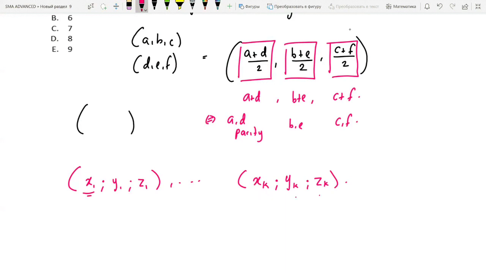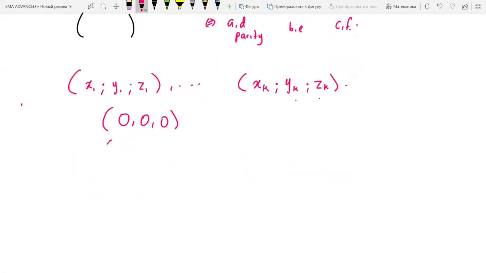So first of all, we have to count the possible number of different parities each component can take. Remember, there are only two possible parities, even and odd. So it can either be odd, odd, odd. O stands for odd, E stands for even. This is not really zero, it's just O. Odd, even, odd. Odd, odd, even.